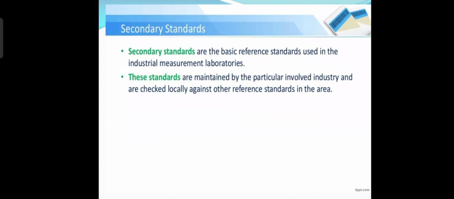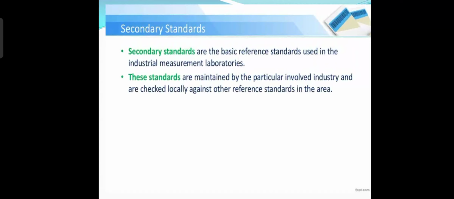The next one is secondary standard. Secondary standards are the basic reference standards used in industrial measurement laboratories. These standards are maintained by the particular industry involved and are checked locally against other reference standards in the area.